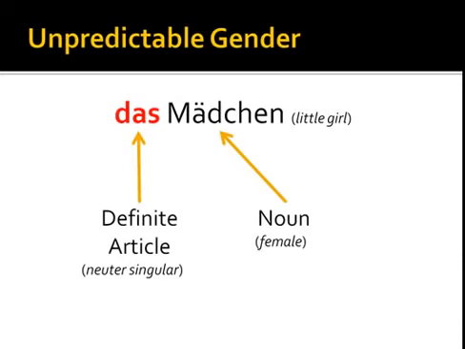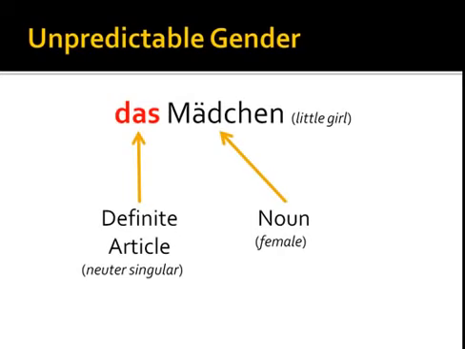So this suggests to us that when we learn German vocabulary, not only do we need to memorize the word, the noun, but we also need to know the definite article, or whether this noun is masculine, feminine, or neuter. We need to memorize that in addition to the noun.